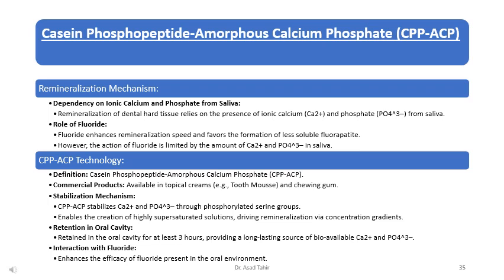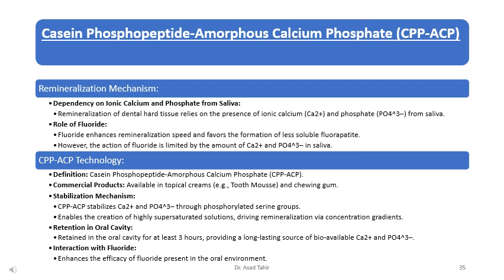CPP-ACP technology. Definition: CPP stands for casein phosphopeptide-amorphous calcium phosphate. Commercial products are available in topical creams, like Tooth Mousse, and chewing gum. Stabilization mechanism: CPP-ACP stabilizes calcium and phosphate ions using phosphorylated serine groups. Remineralization effect: it helps create concentrated solutions, promoting remineralization through concentration gradients.